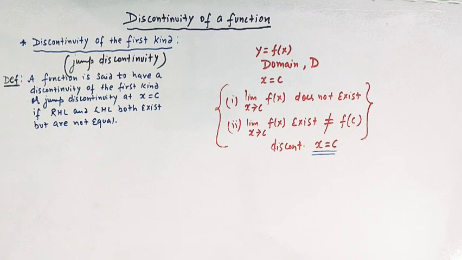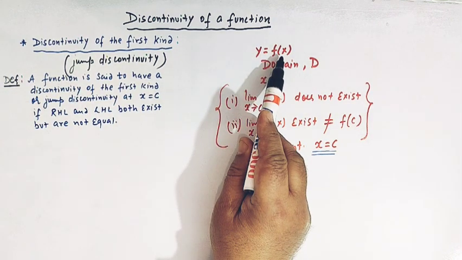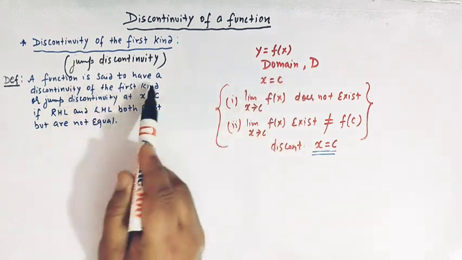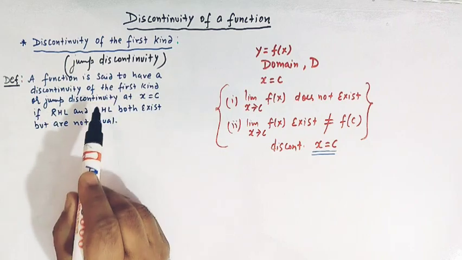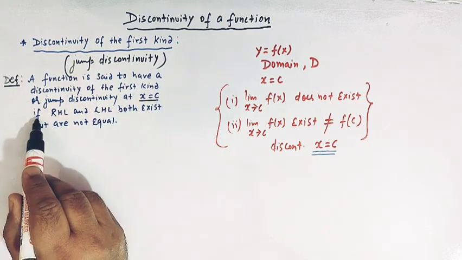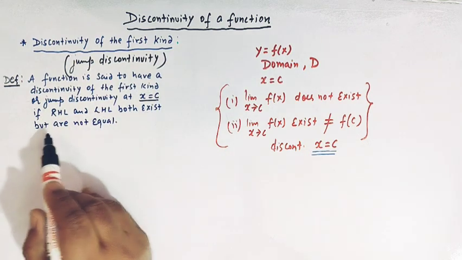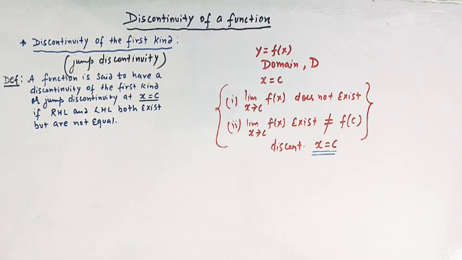So viewers, let us first take the formal definition of discontinuity of the first kind or the jump discontinuity. A function y is equal to f of x, which is defined in some domain D, is said to have a discontinuity of the first kind or jump discontinuity at x is equal to c if the right hand limit and the left hand limit both exist, but these two limits are not equal, right?